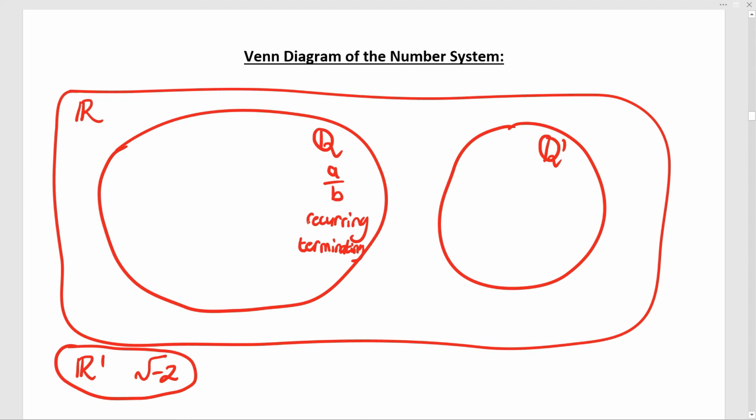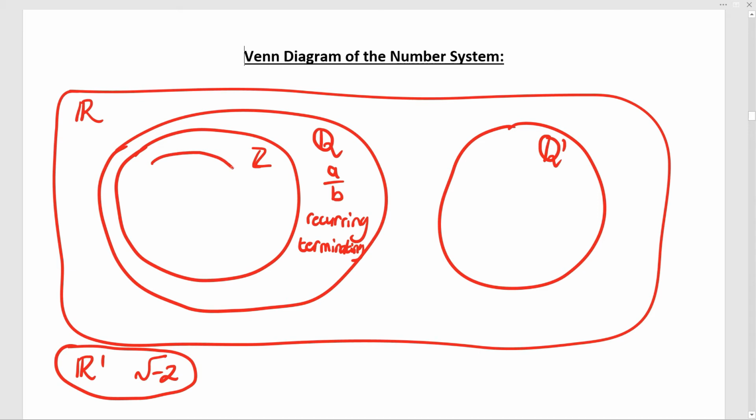But rational numbers also include all the integers. So rational numbers include the integers, which includes the whole numbers, which includes the natural numbers. So I'm going to put those in now.